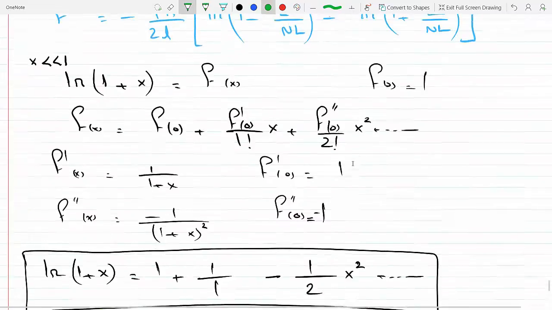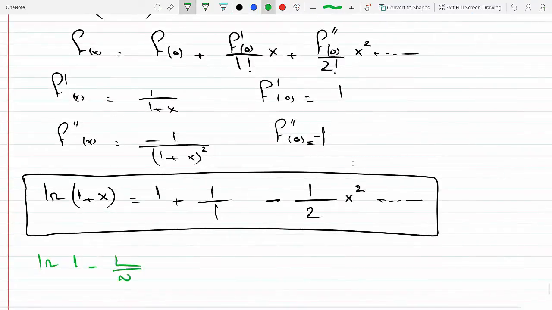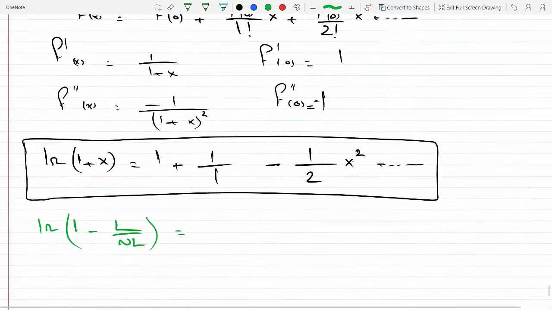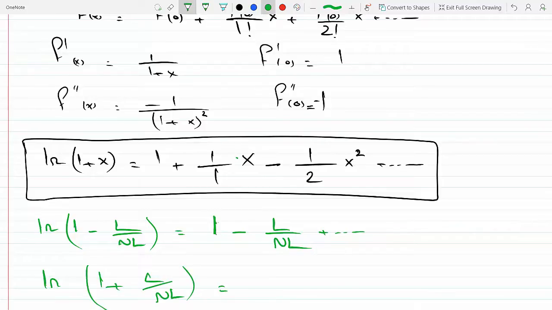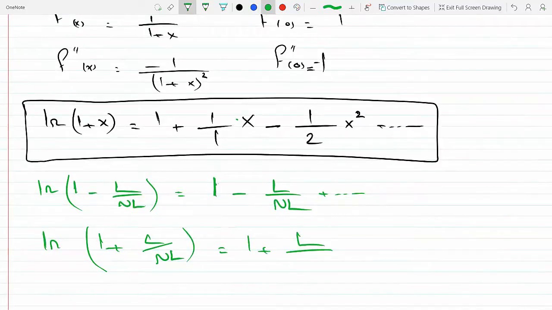Since L over nl is a lot less than 1, the first one would be minus L over nl, plus higher order terms, which I will ignore, and likewise the second will be plus L over nl, plus higher order terms.